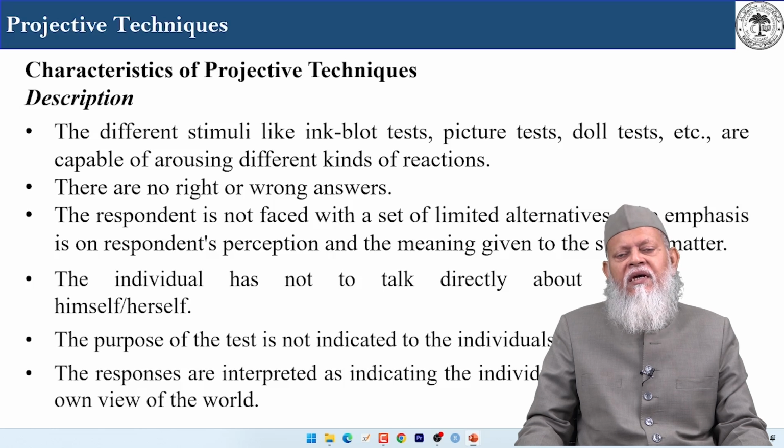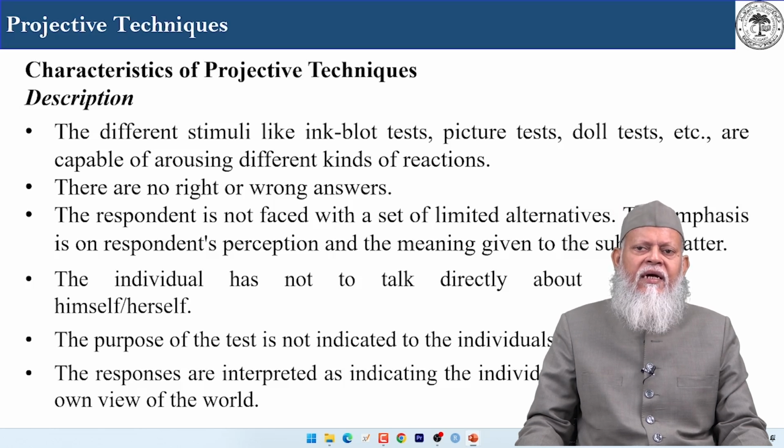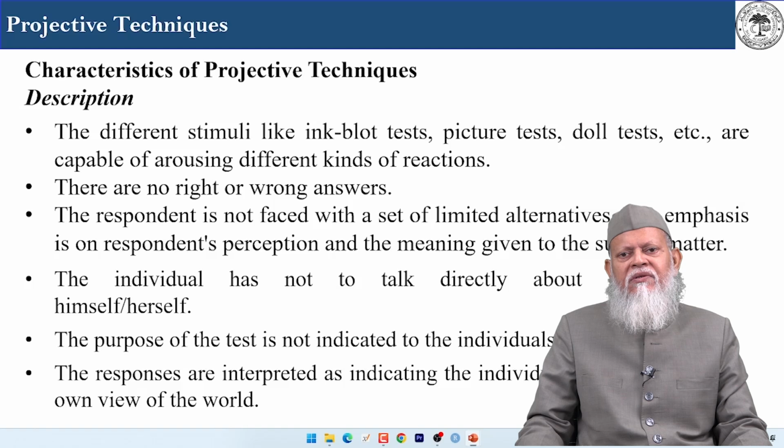Whereas, if we ask him about others, then we may get some idea of how he thinks about the phenomenon. That is the projective technique. We shall be discussing a few of them, important ones.